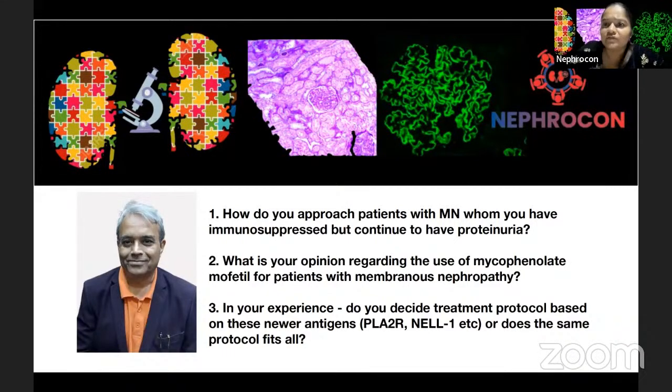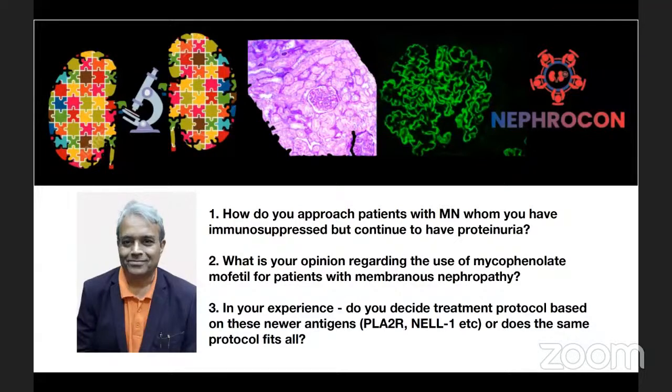Right. Sir, have you seen any coexistence of two antigens in one case? Yeah, that's a very important and good question too. I think somebody asked it in the chat also. As far as the fidelity of these antigens is concerned, it's very high. Even in those cases where people have described two antigens, it's more of a diagnostic error than two antigens being present.